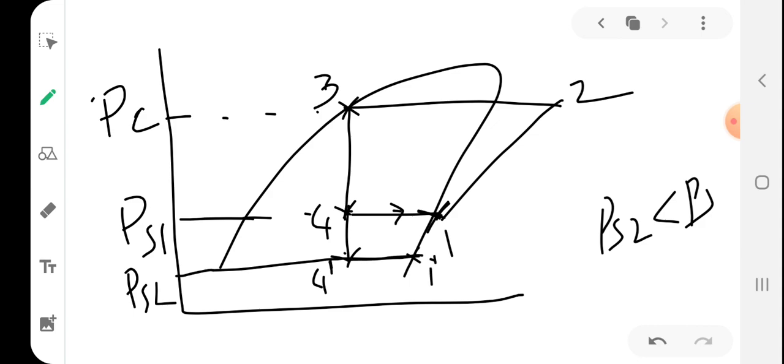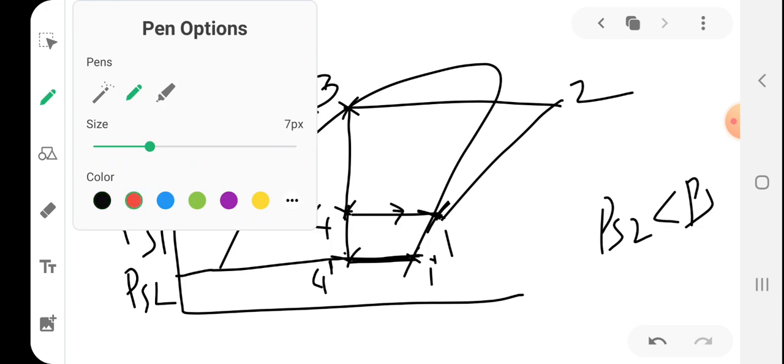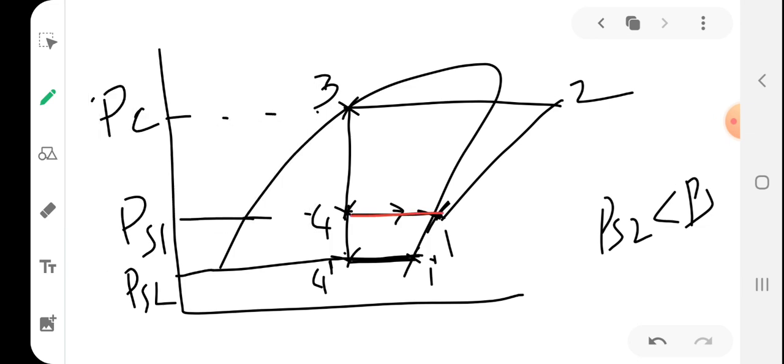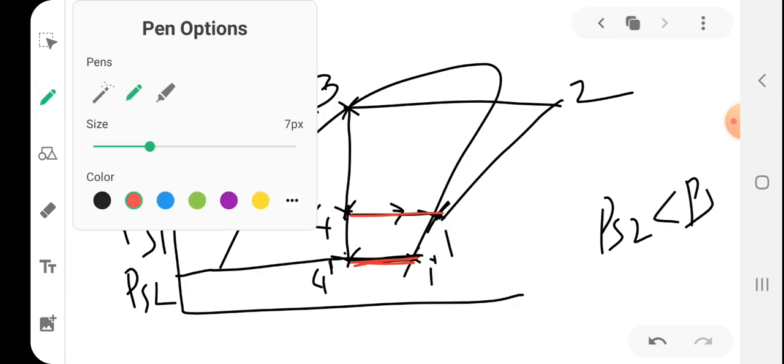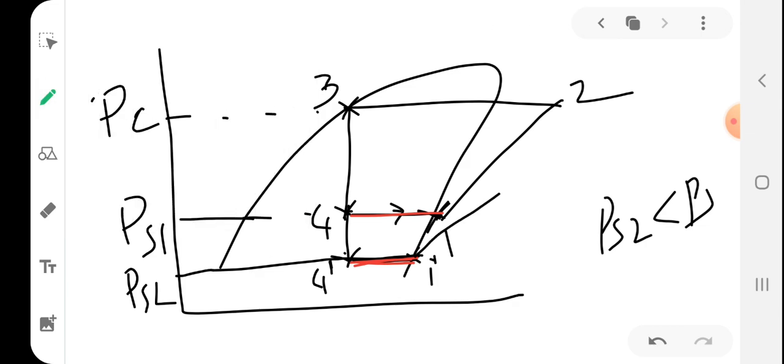So you can see that the refrigeration effect is a little bit reduced compared with this. When suction pressure is reduced, the refrigeration effect is reduced. Now if you compress it to the same pressure, it will look like this.